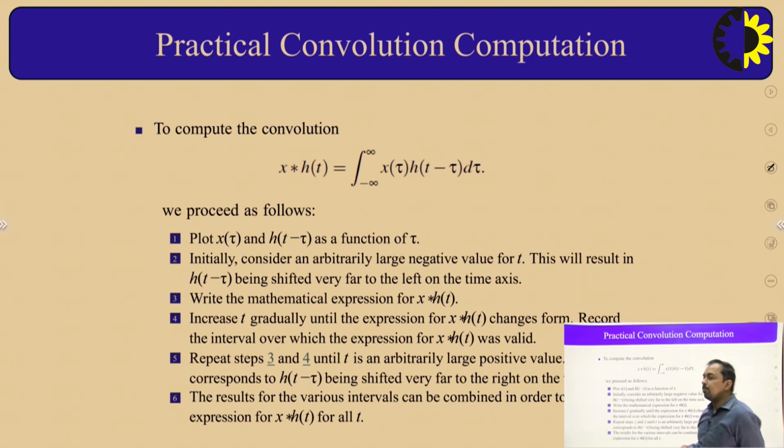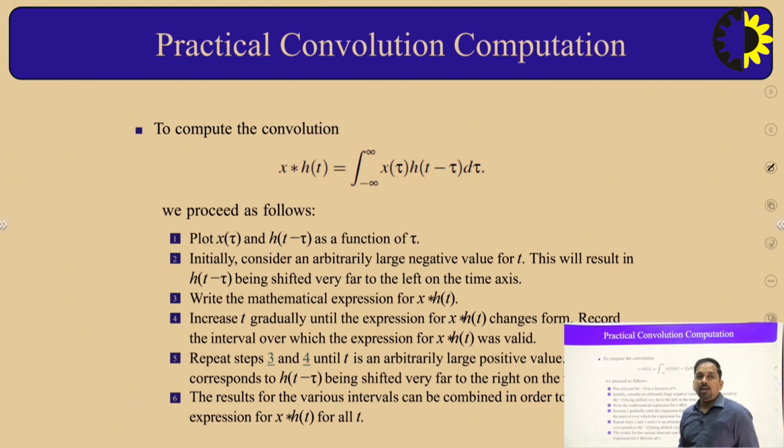Now how can we perform the convolution? What are the basic steps? x of t convolved with h of t is the integral from minus infinity to infinity of x of tau and h of t minus tau d tau.